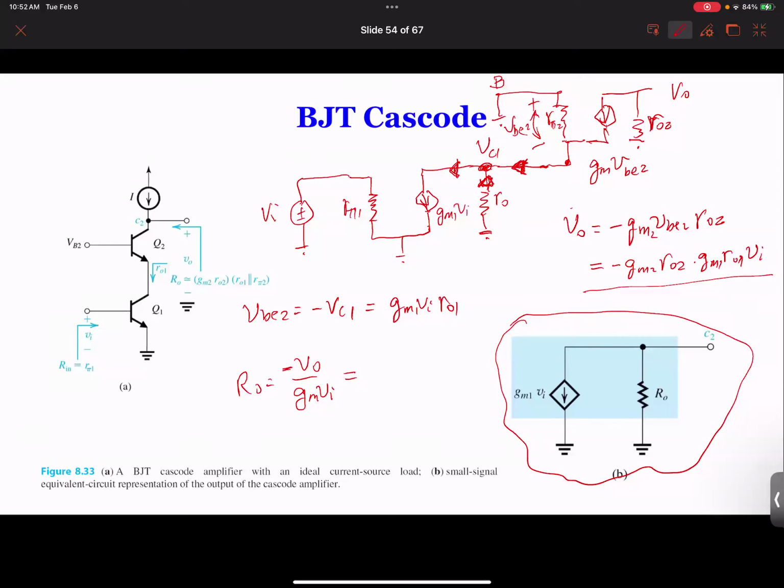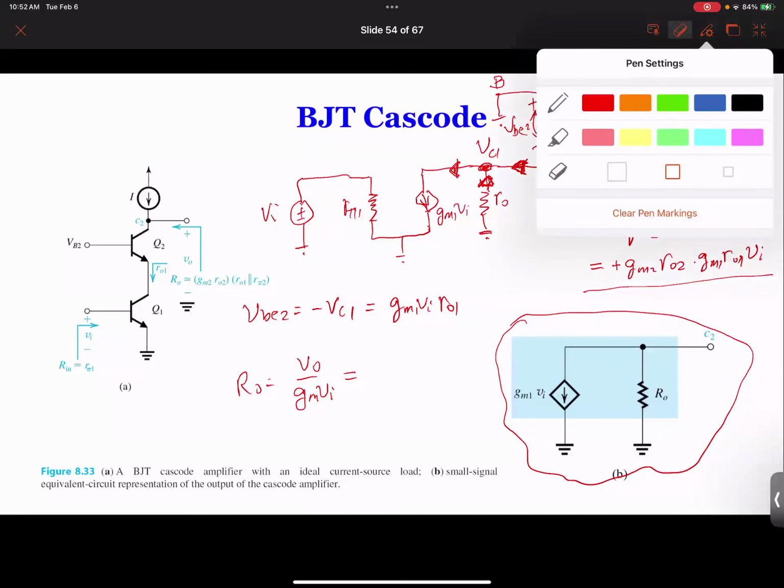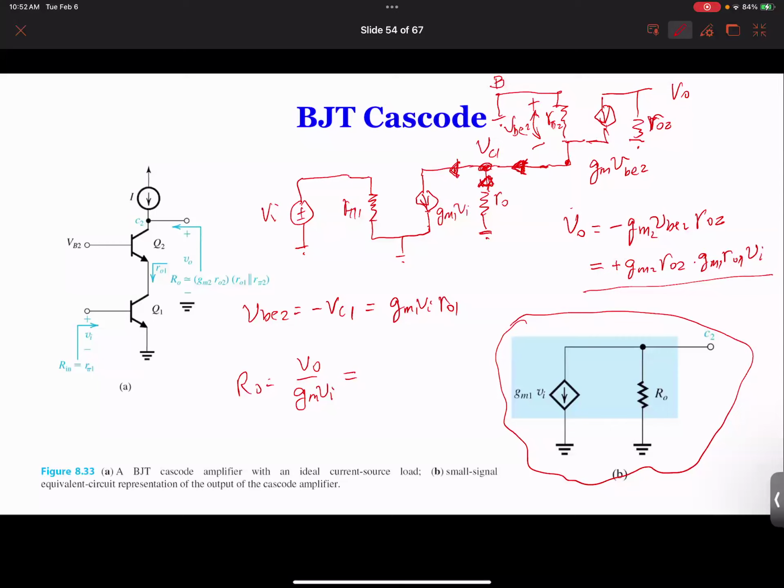Well, actually, in fact, this is positive, no minus sign. Let me erase this. So GM1 is going to cancel, and VI is going to cancel. So we got GM2 RO2 times RO1. That's the equivalent resistance.